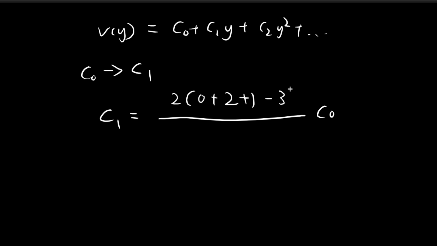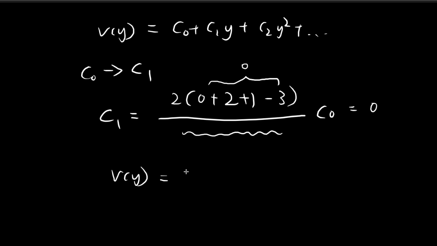In this case, n is equal to 3. And so you can see that the numerator is already equal to 0. And once again, we don't need to worry about the denominator, because this whole thing is just 0 multiplied by something, so it's just equal to 0. So v of y terminates right after the first term. So v of y is very simple this time. V of y is just going to be a constant c0.